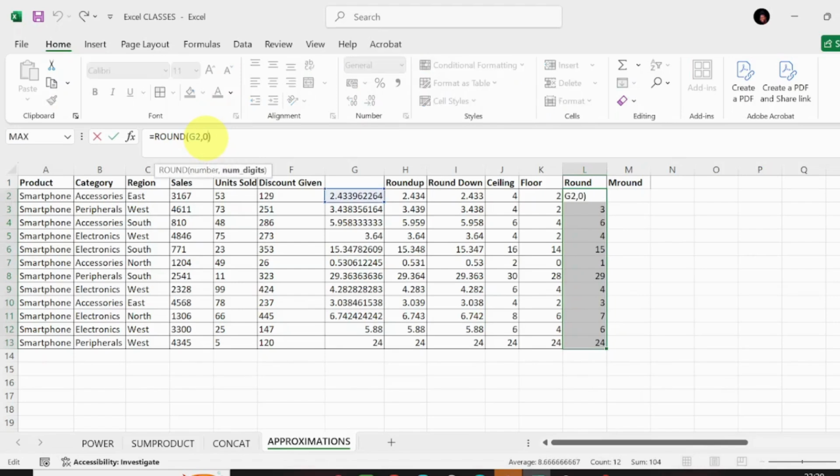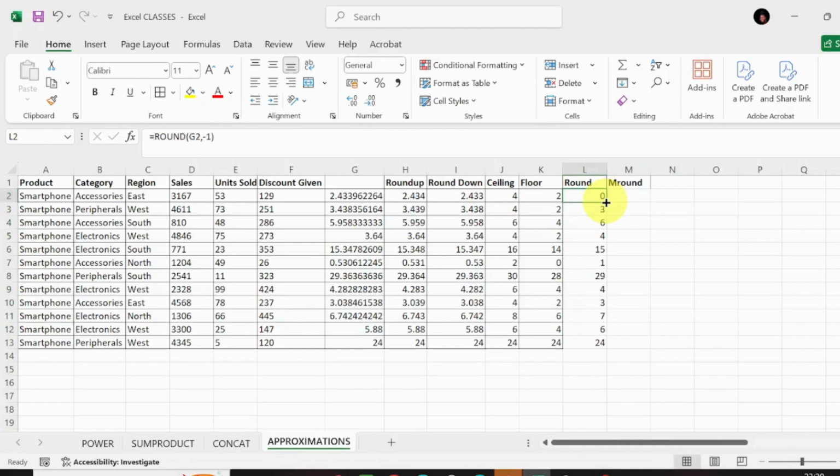Once you double click, it gives you results in multiples of 10, the closest value, whether it is 10, 20, 30, 40, 50, like that, to the nearest tens. So that's how you convert to the nearest tens for the ROUND function.